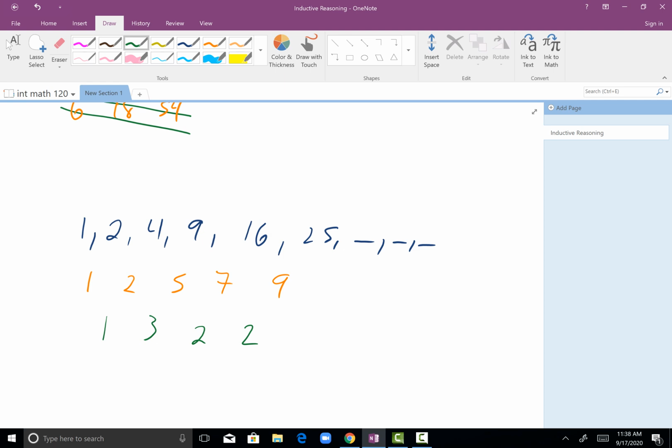These numbers we call squares, because 1 squared is 1. Oh, 2 is not supposed to be in there. I knew I had something wrong.